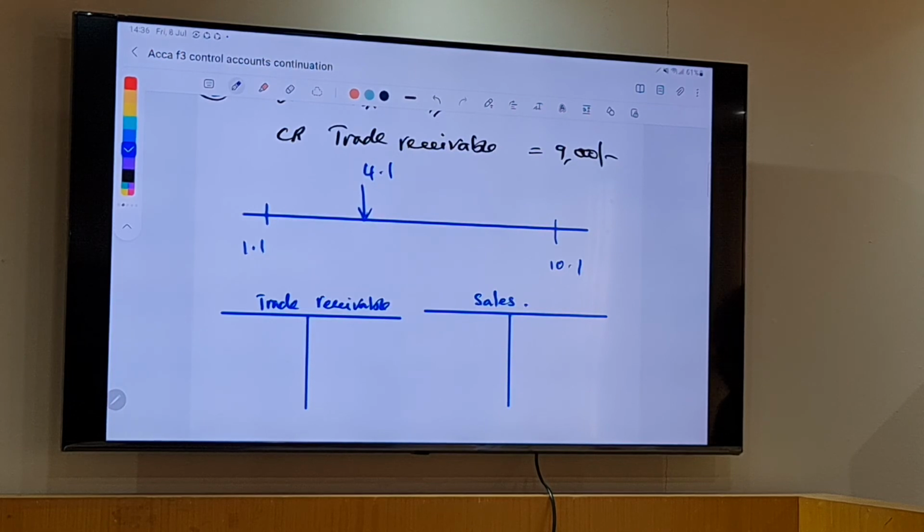Now, what is my sales? How much? 10,000. So here, sales. Here, trade receivable.